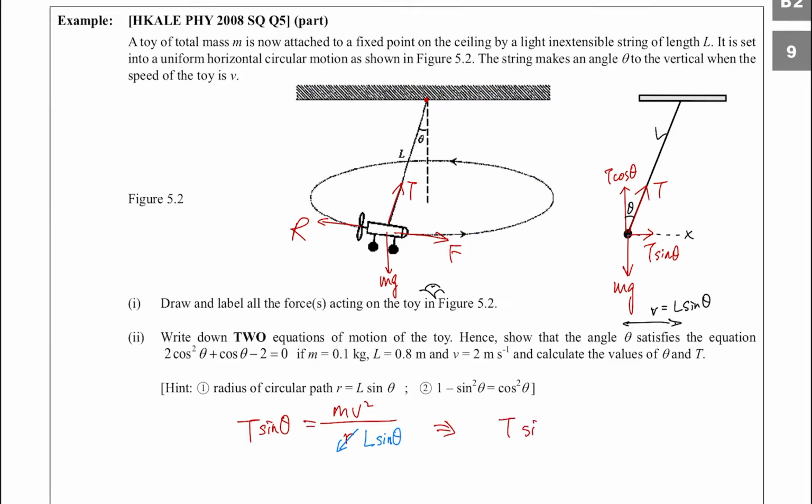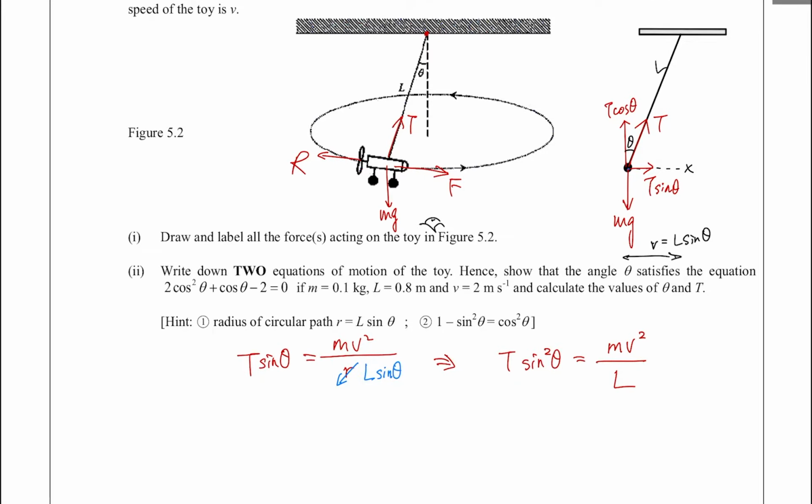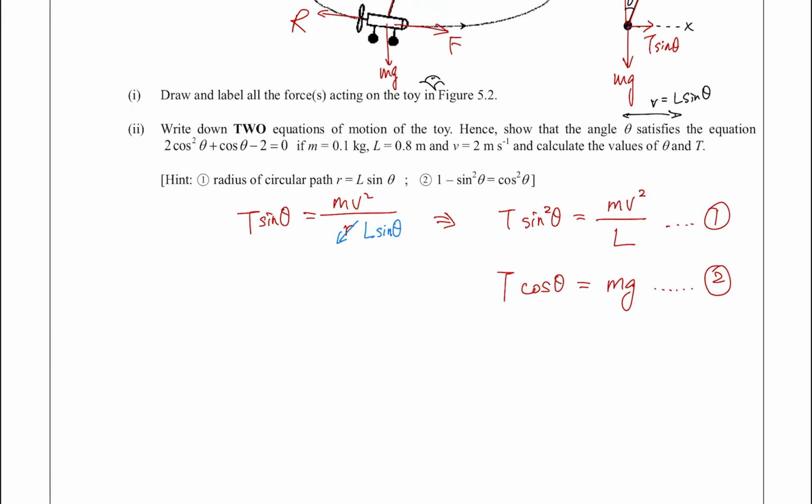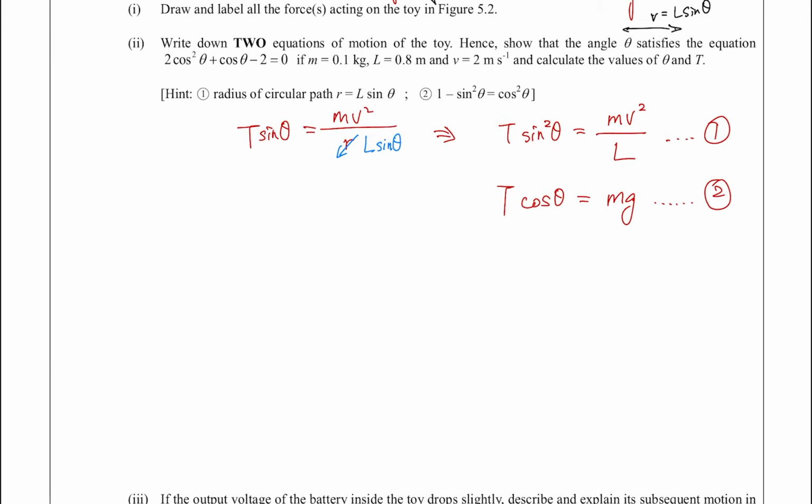So simplifying the equation, T sine squared theta is equal to mv squared over L. And the second equation, we have T cosine theta, balancing the weight. So we have two equations.